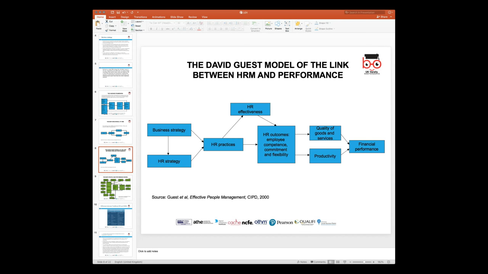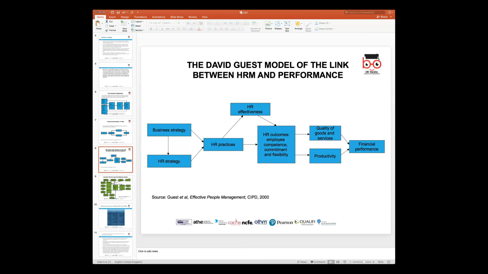Third, he talked about high commitment, and in this case he mentioned that there is a need for both behavioral commitment, which is basically the ability to go the extra mile, and attitudinal commitment, which is reflected in strong identification within the organization.